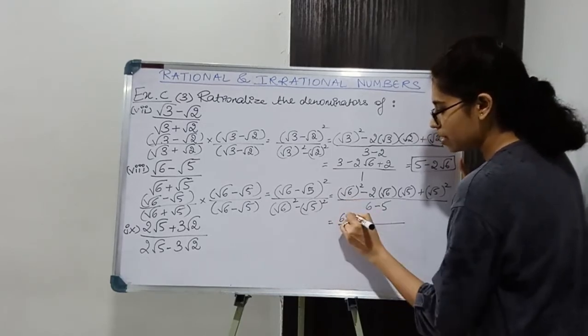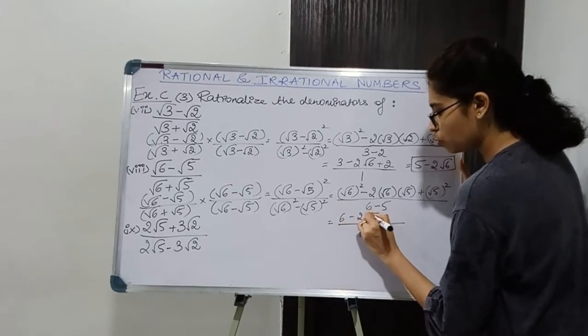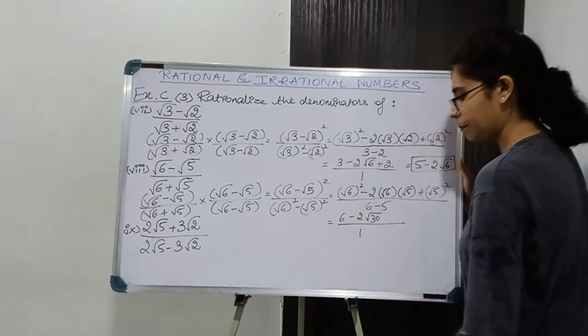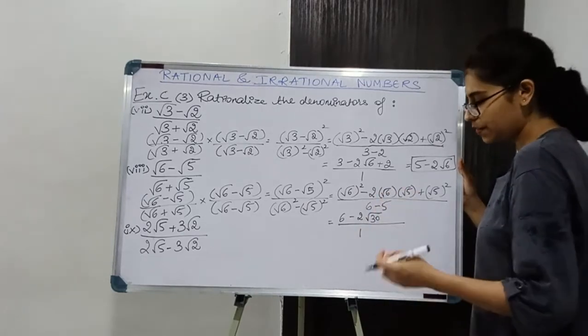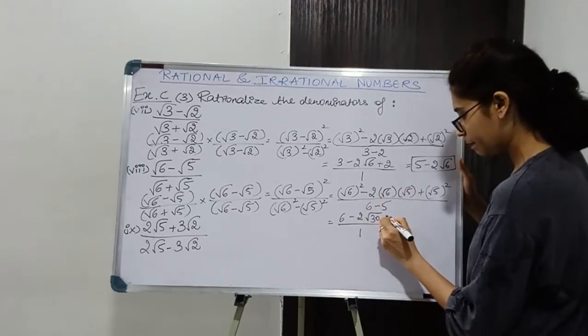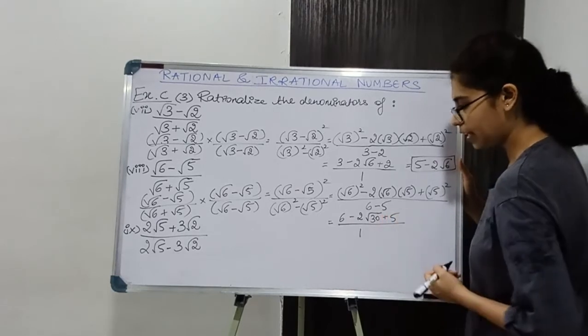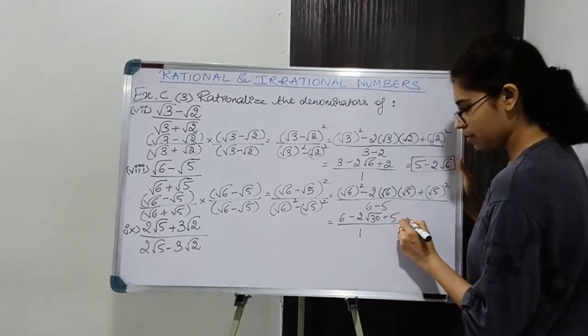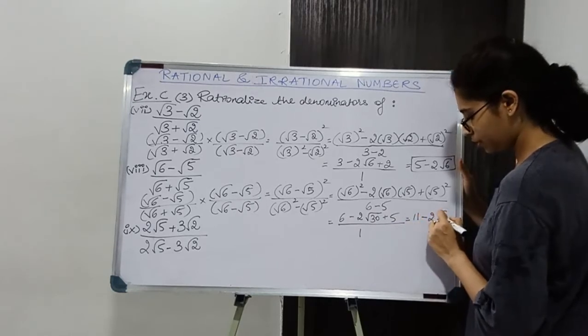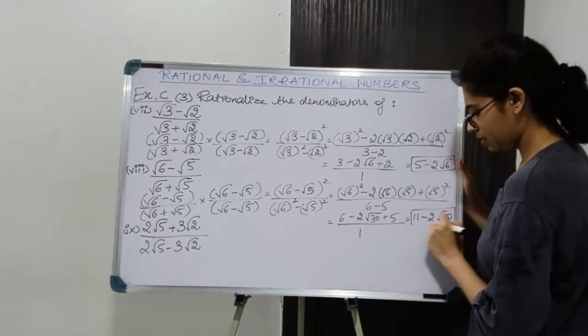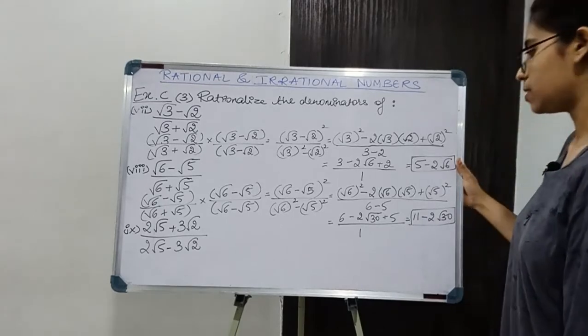This is going to be 6 minus 2 root 30. Okay, common root ले लिया and 6 into 5 gives 30 plus 5. Now 6 plus 5 gives 11 minus 2 root 30. So this is the final answer.